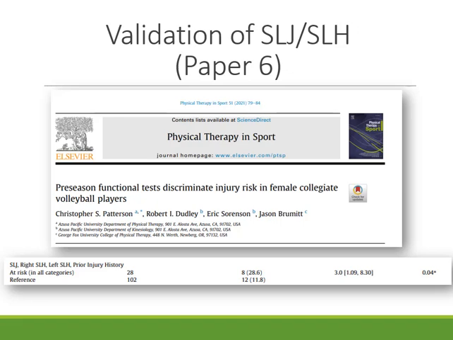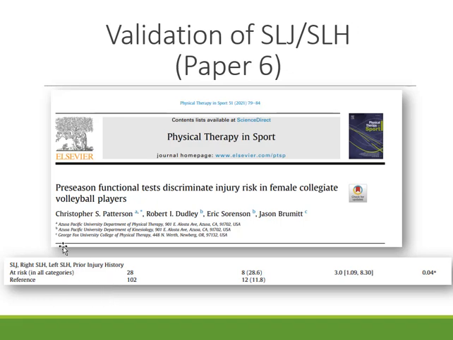Well, we published in Physical Therapy and Sport, and what we found is standing long jump, a lower right single leg hop, a lower left single leg hop, so that's the standing long jump below 80%, the hops below 70%, and not an asymmetry in distance, but prior injury history.